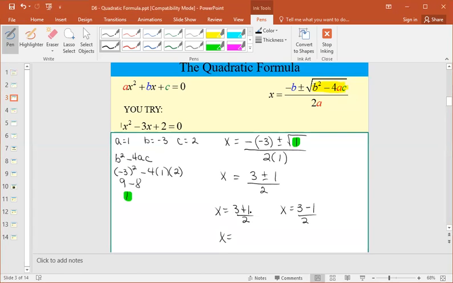So 3 plus 1 is 4, and 4 divided by 2 is 2. 3 minus 1 is 2, and 2 divided by 2 is 1. You always want to simplify. You would never give me 4 divided by 2; you would always simplify to a whole number. If it is not a whole number, then you leave it as a fraction.